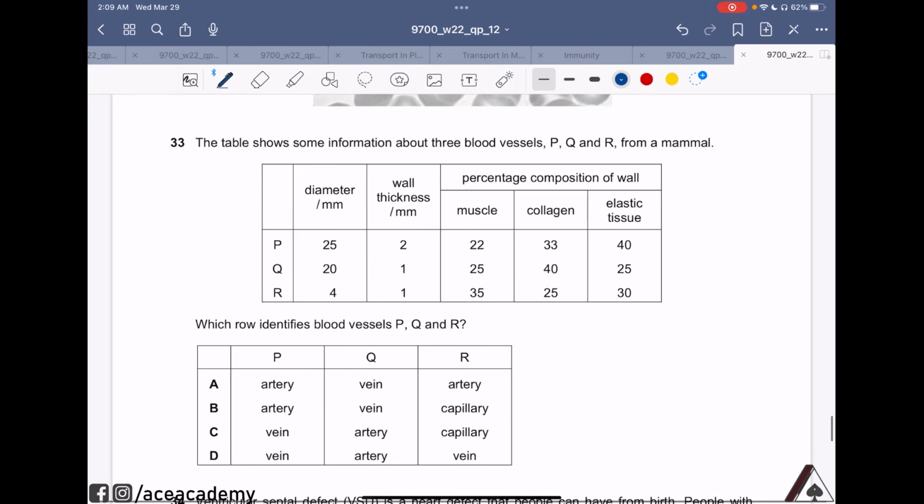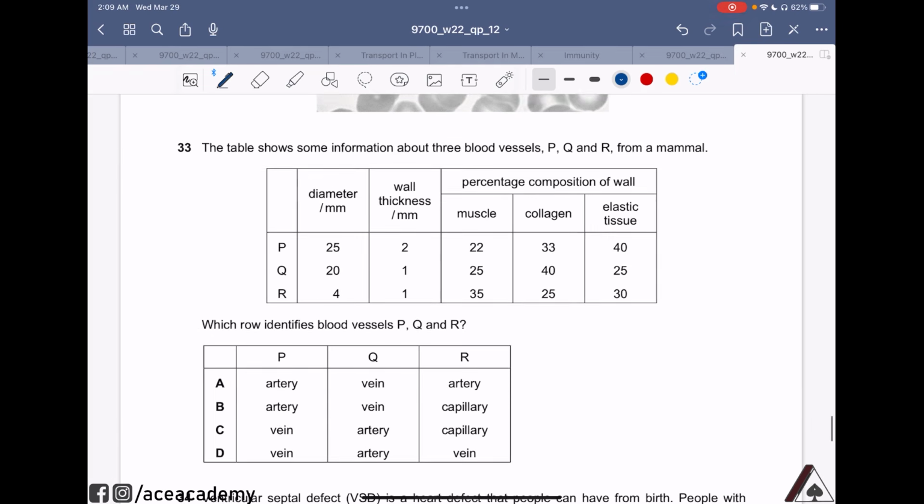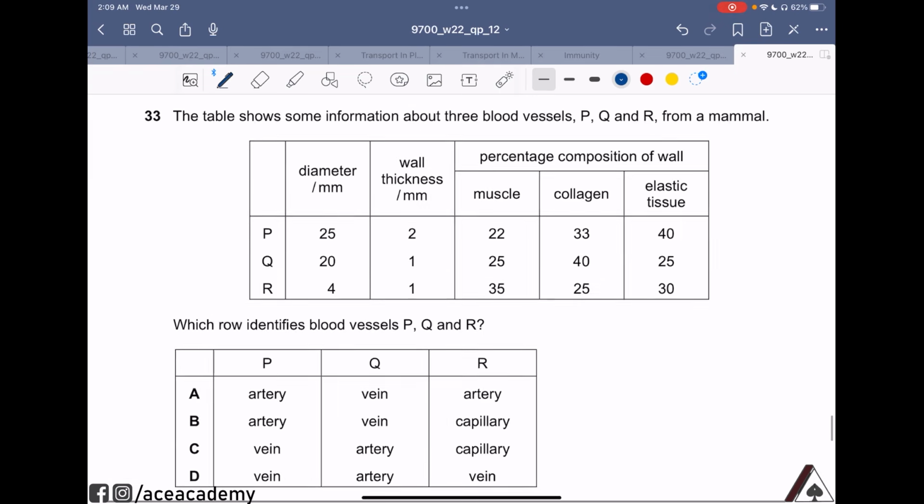Number 33. The table shows some information about three blood vessels P, Q, and R from a mammal. Which row identifies blood vessels P, Q, and R? So in P, the diameter is 25 millimeters, while the wall thickness is 2 millimeters.